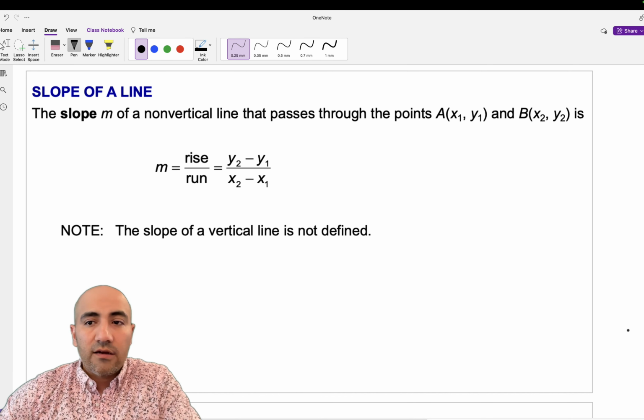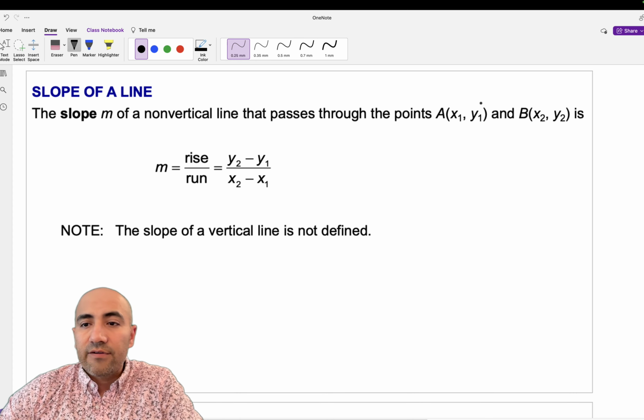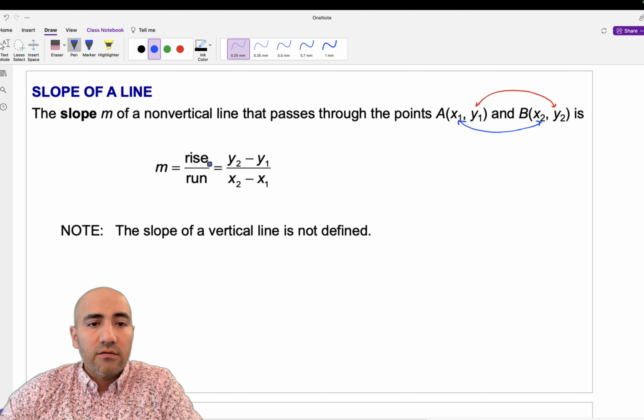So the important thing here is to notice that what we're doing is we're subtracting the difference in the y's, so these two, the difference in the y's, over the difference in the x's. So we have to make sure that the y's are in the numerator, that's the rise, and the x's are in the denominator. So that's important.